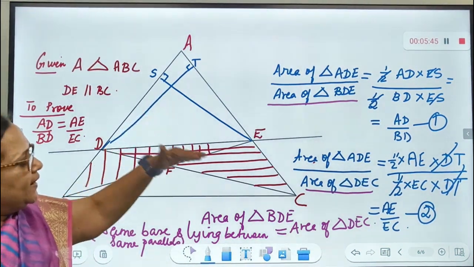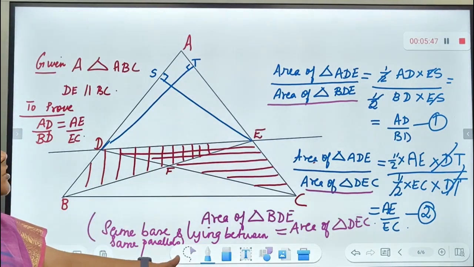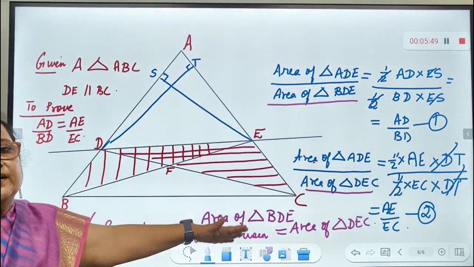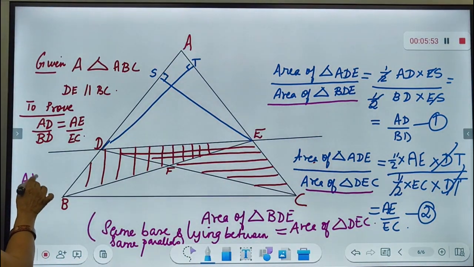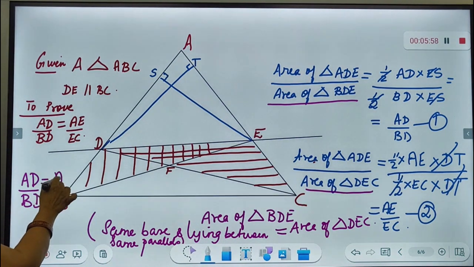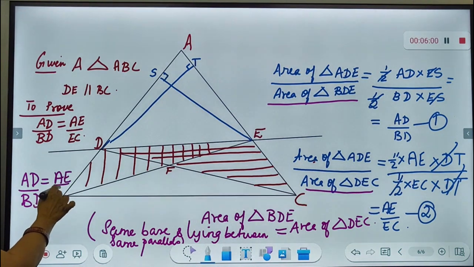So if the numerator is also same, the denominator is also same for the left hand side, the right hand side must also be equal. So AD by BD is equal to AE by EC.